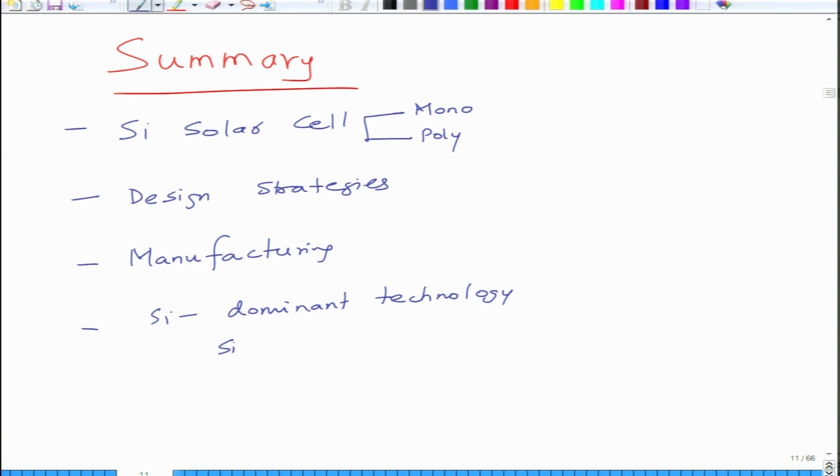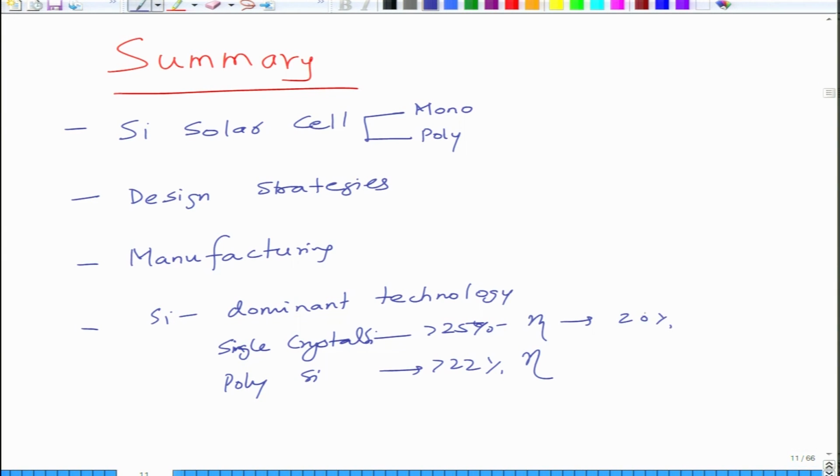With single crystal silicon having more than 25% efficiency and polysilicon having efficiency of more than 22%. The modules are about 19-20%, and in this case the modules would be about 15-16%.